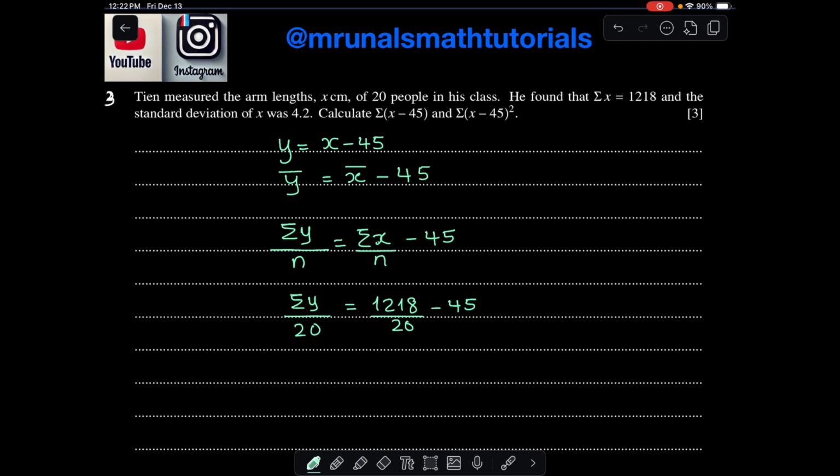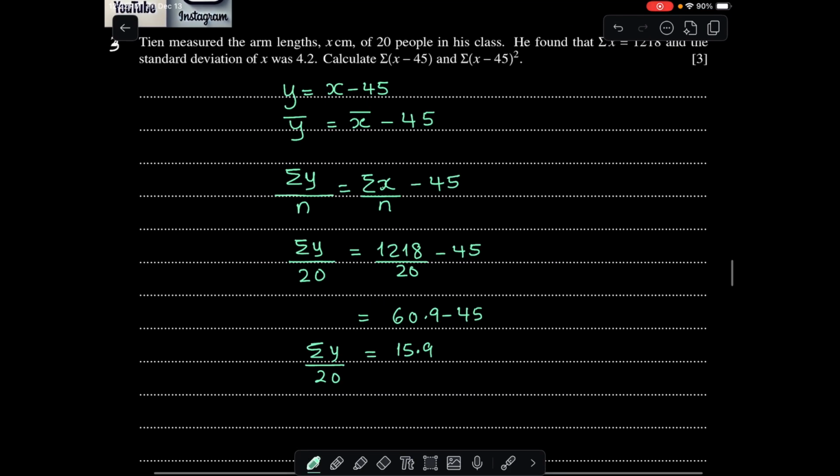So let's work out the right hand side. So this works out to be equal to 60.9 minus 45, or we can say that this is 15.9. So sum of y over 20 is 15.9.